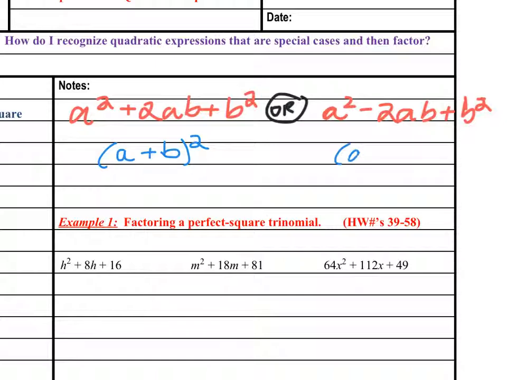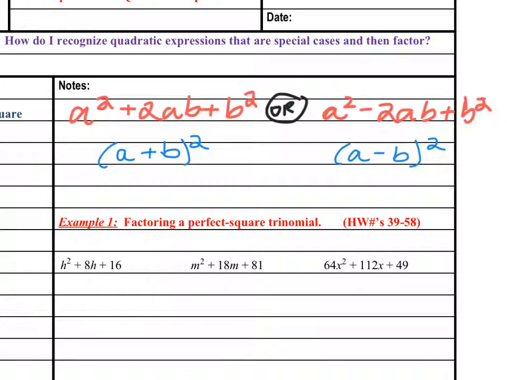The other one would be a minus b, squared. Notice how if there's a plus sign in the middle, it's going to be plus. If there's a minus sign in the middle, it's going to be subtraction. So if you take a binomial and you square it, you get this. And that's why you end up getting perfect squares.